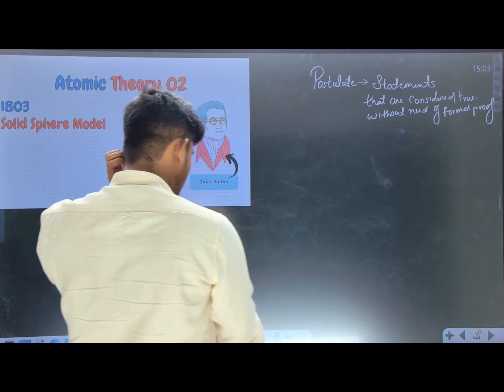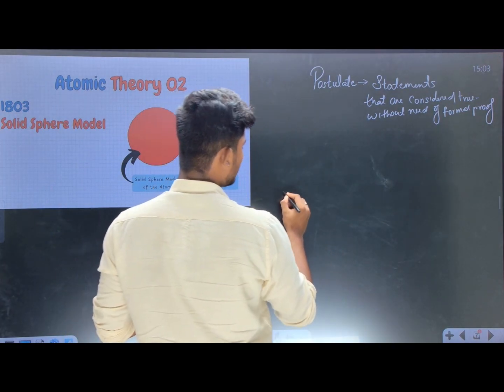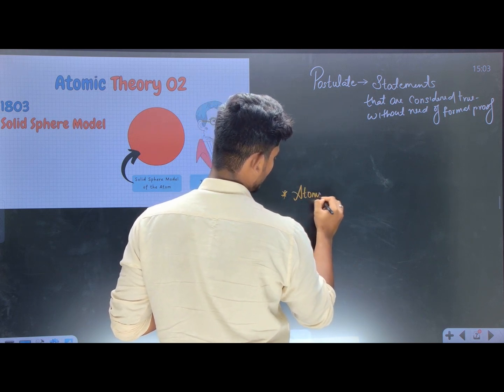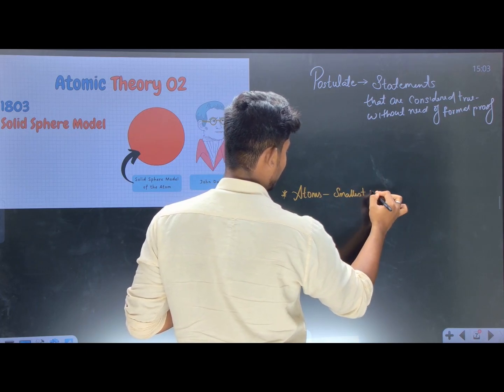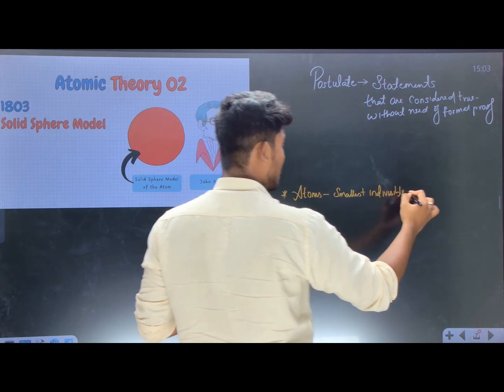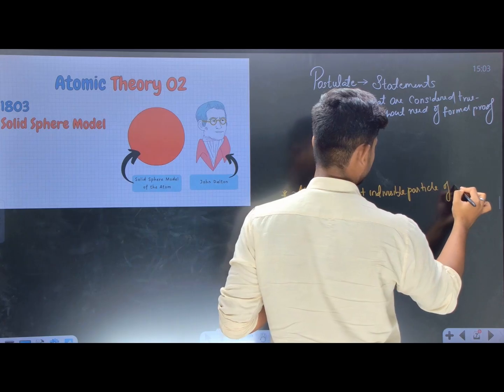Sir John Dalton proposed few of the most important postulates, starting with his first postulate saying that atoms are the smallest indivisible particle of matter.